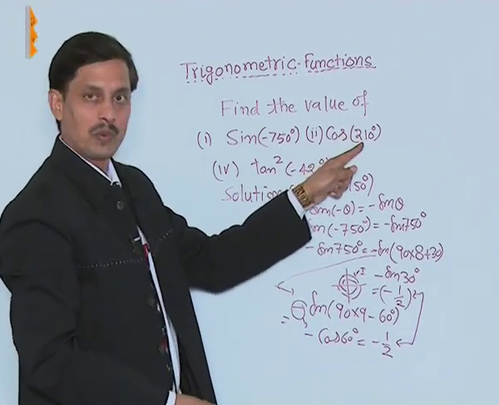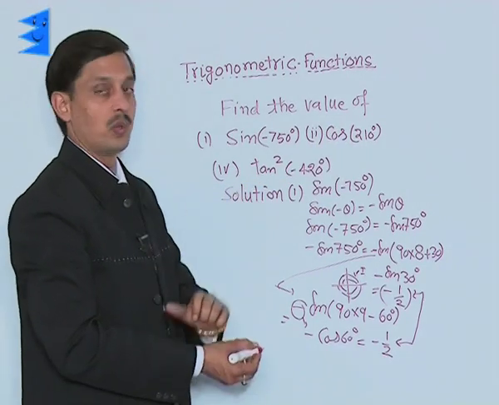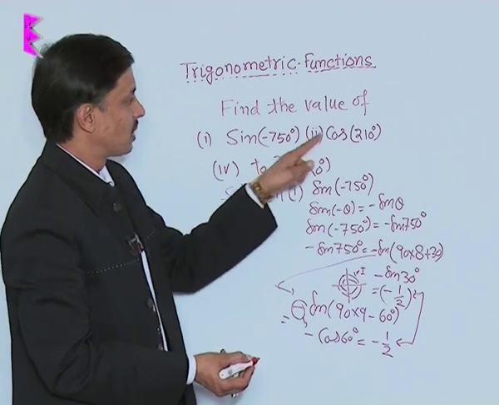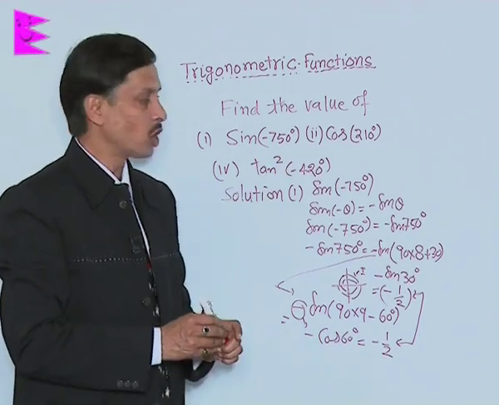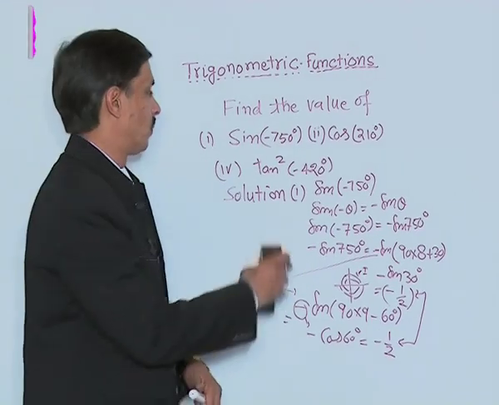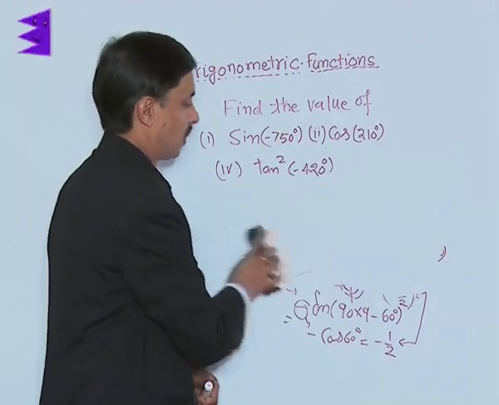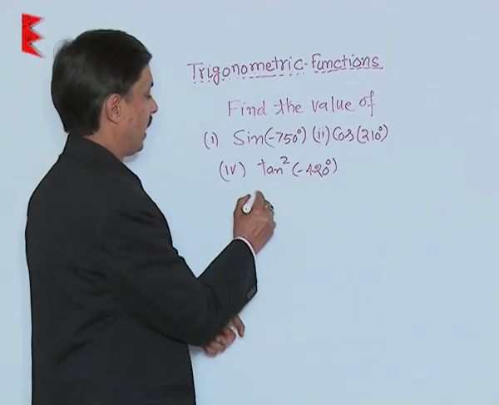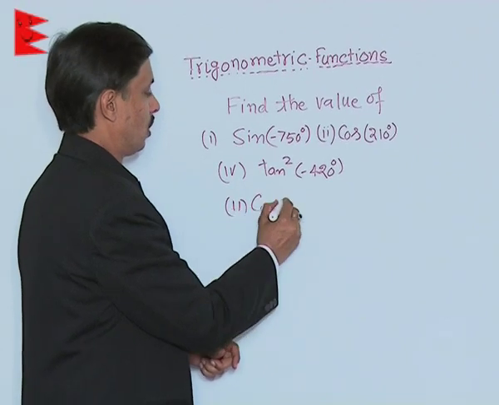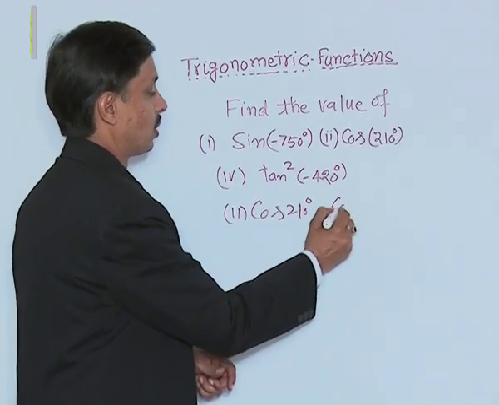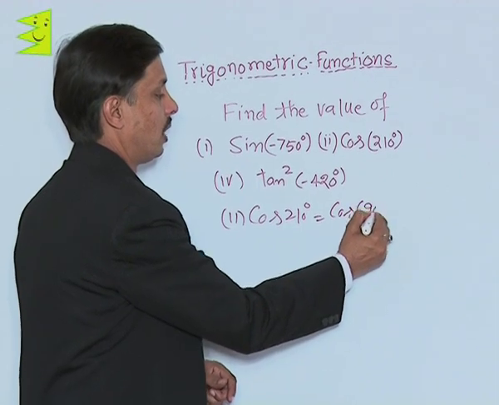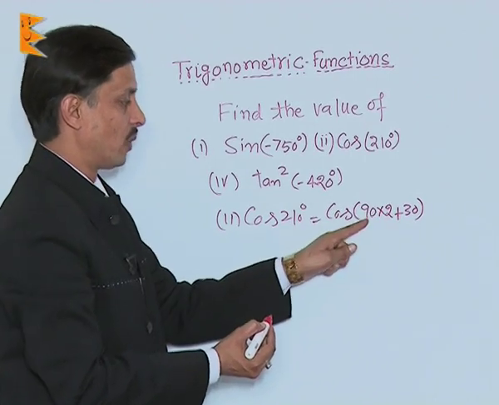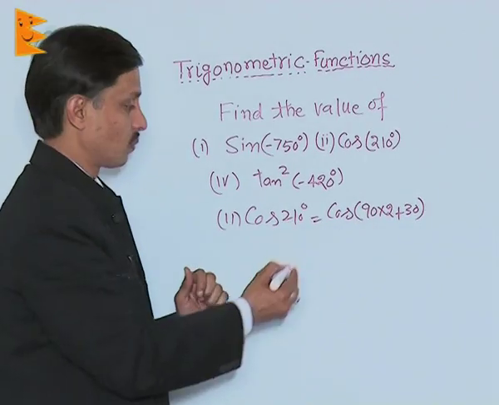Similarly, you can find the value of cos 210 and tan square of minus 420 degree. Let me explain the second part, the cos of 210 degree. I will write cos of 210 degree is equal to cos of 90 into 2 plus 30, that is 180 plus 30 is 210.